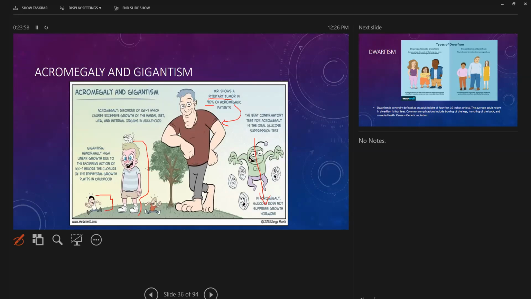At any rate, when glucose is administered and GH is inappropriately being produced, then it is not inhibited.